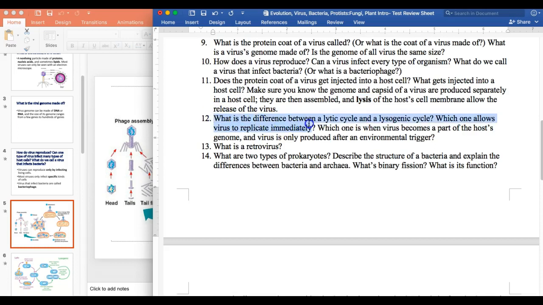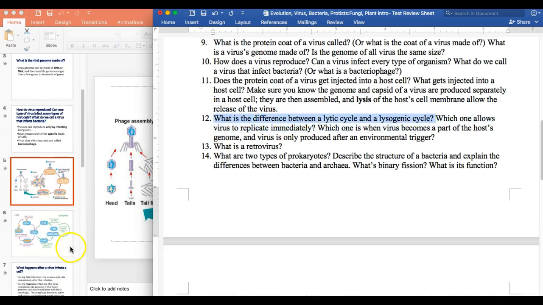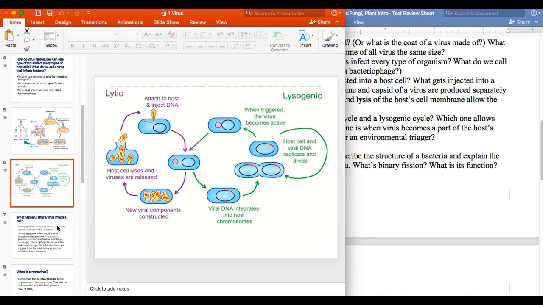Next one, what is the difference between a lytic cycle and a lysogenic cycle? If you can remember this picture right here, you'd be good. The lytic cycle is after the injection of the genetic material into the host, the DNA doesn't actually get incorporated into the host genome.